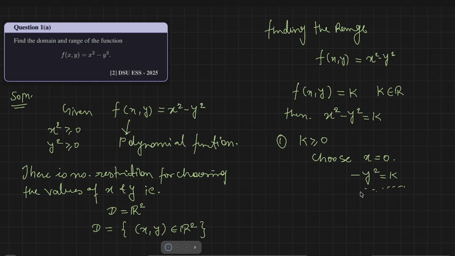If you write it like this, y is equals to minus root k, it means it is creating a problem. It will be plus or minus root k times iota. This does not belong to the real numbers. It means that the negative real number is not defined here.